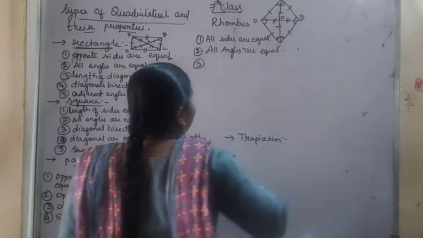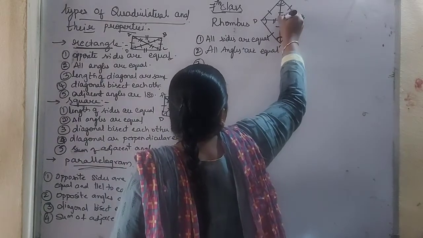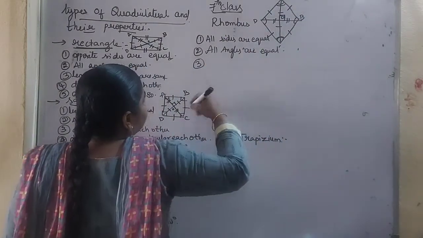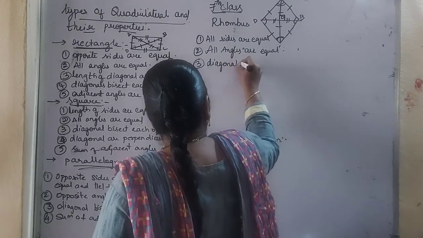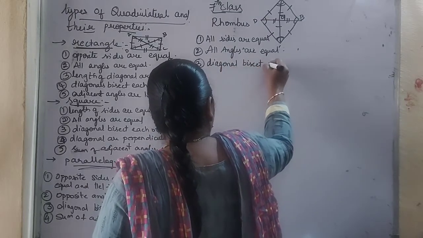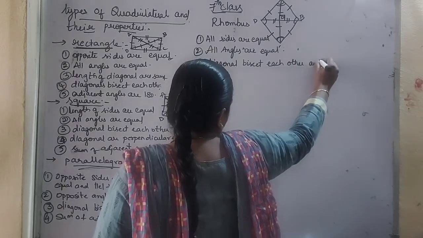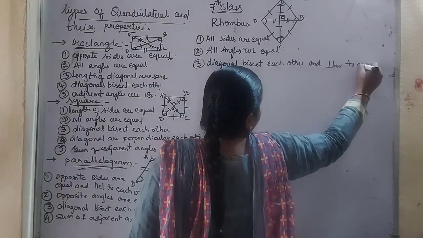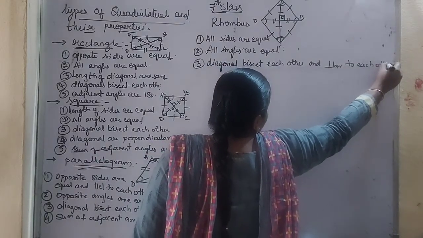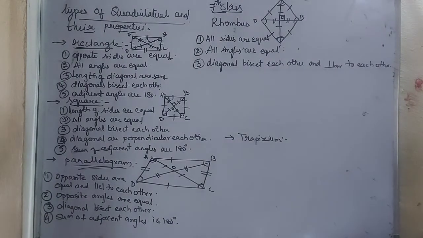So diagonals will bisect each other, and also they form 90 degrees, they are perpendicular to each other.